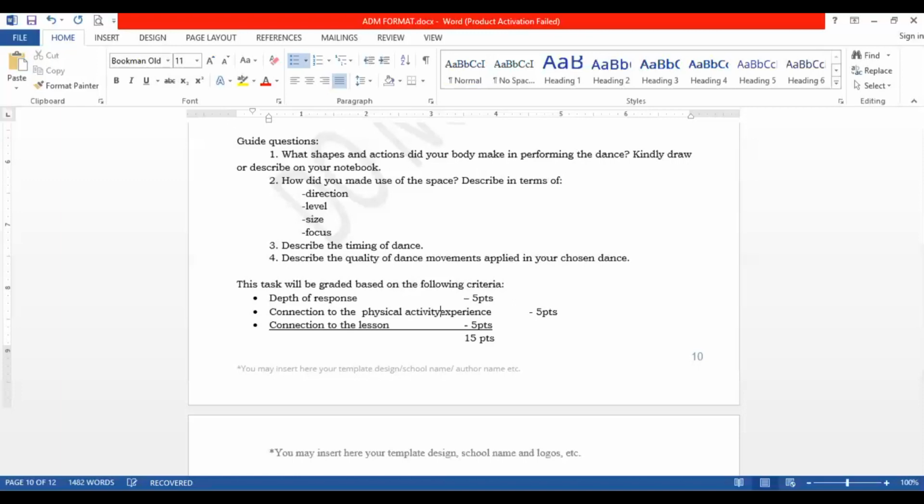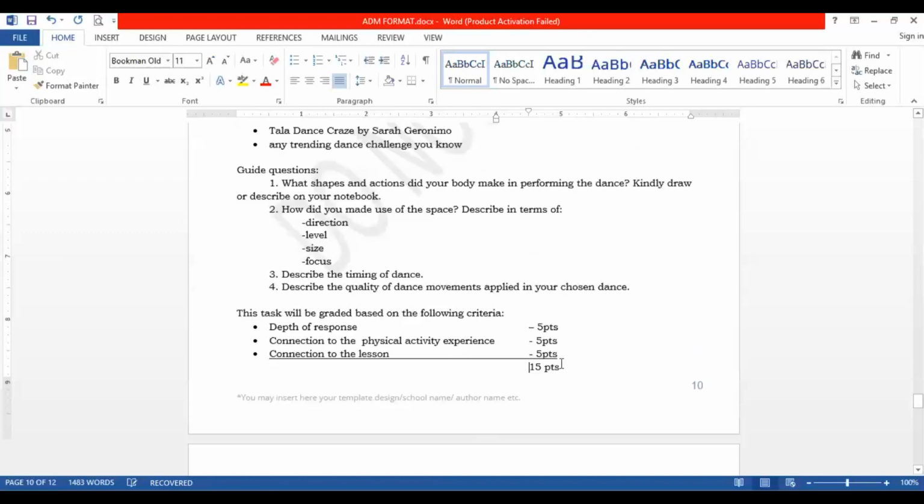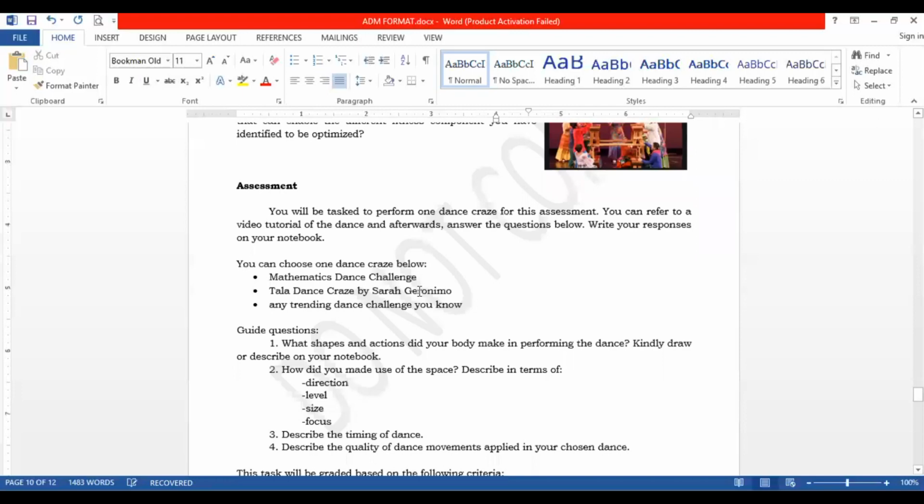Yan. And yung response nila, i-assess natin kung gaano ito relevant doon sa diniscuss natin na mga konsepto sa lesson. Yan. So this is the second to the last part.